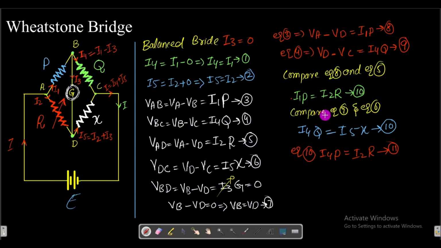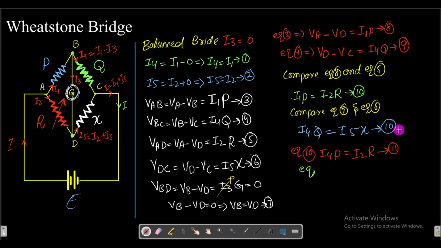Similarly, we have this equation here. I4 is equal to I1 here. So here I5 is equal to, what we can say, I5 is equal to I2. According to equation 2, this I5 is equal to I2, and hence write their value here.